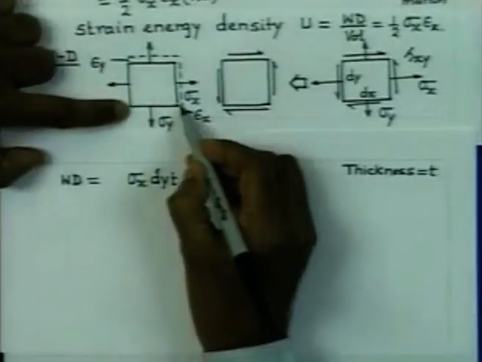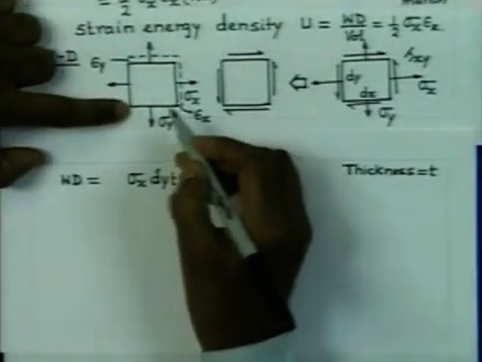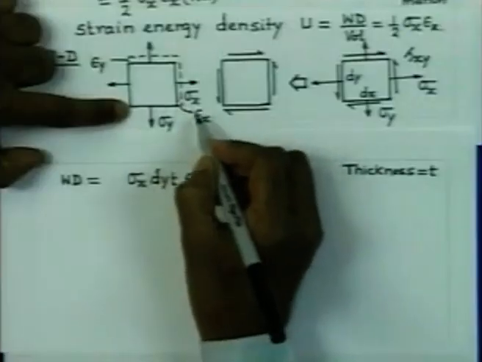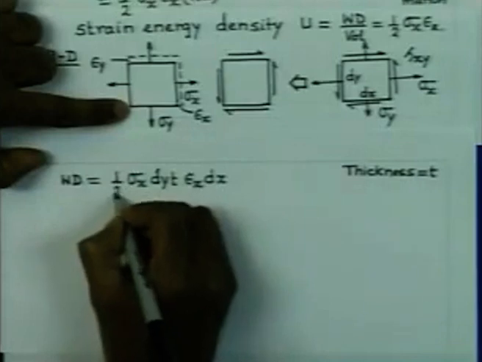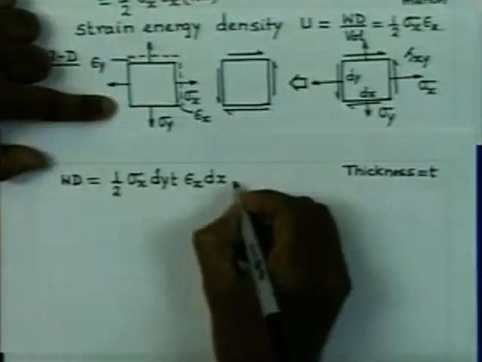So, strain is epsilon x, this distance is dx, therefore total movement is epsilon x into dx. This is the work done, and since it is quasi-static, we will have half of this much as the work done.